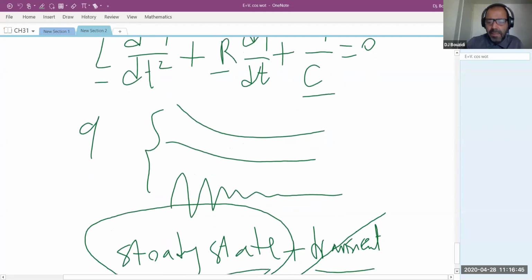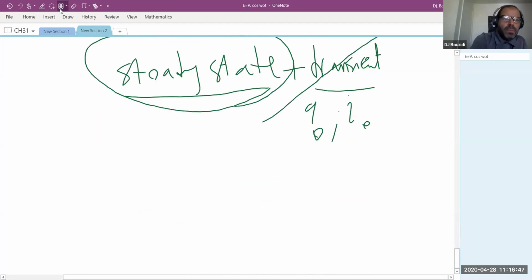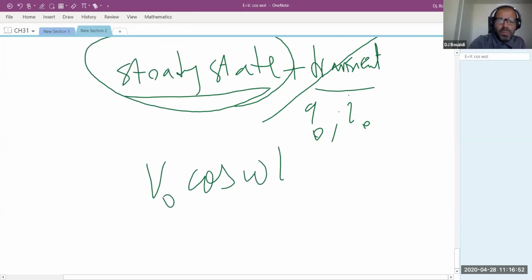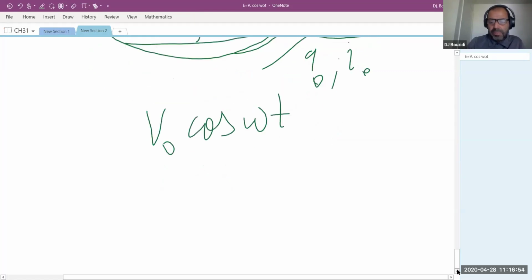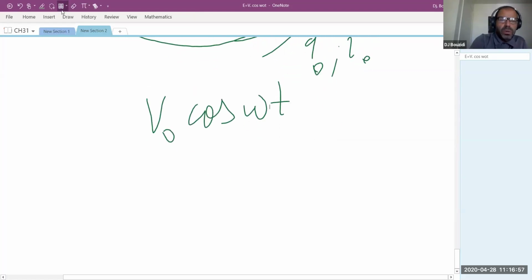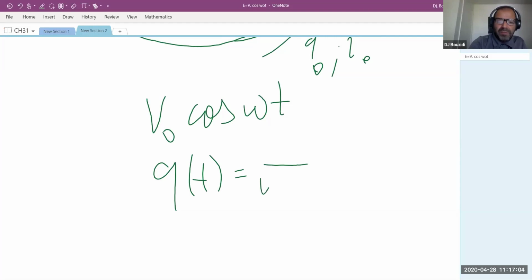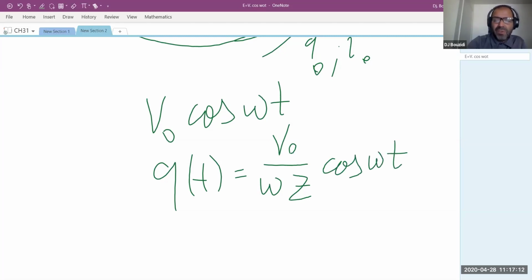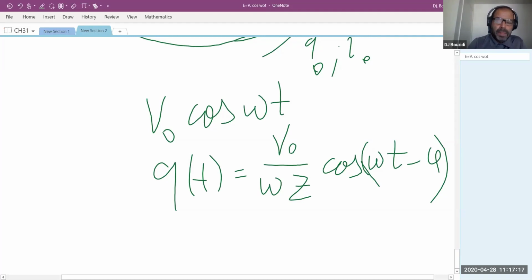So basically, you send a signal, which is V naught cosine of omega t, and the outcome is something that happens to the charge, which turns out, and we verified it already in the lab, that it is something of the order of, first of all, you have omega and Z, and you have V naught, and it's a cosine shifted by an amount phi behind it.